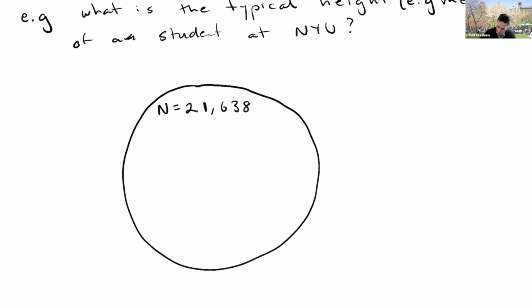And so this defines our population. And the goal that we have today is we want to be able to say, well, what's the typical height of a student in that population of 21,638 individuals? Well, what is the average height?